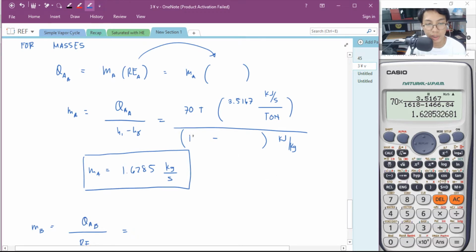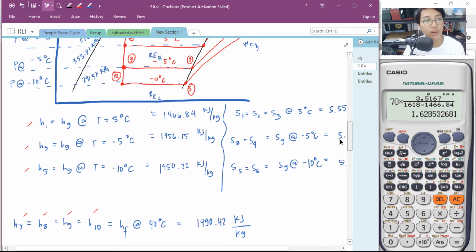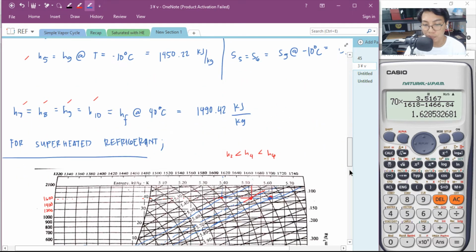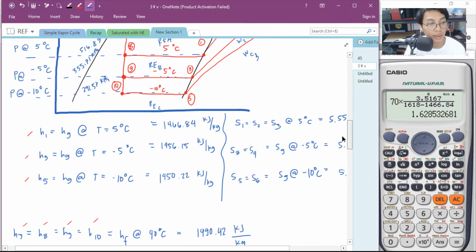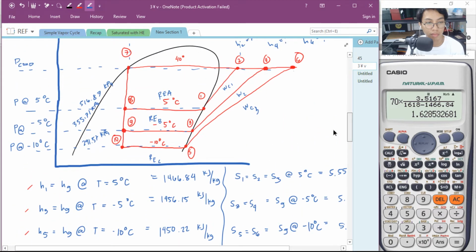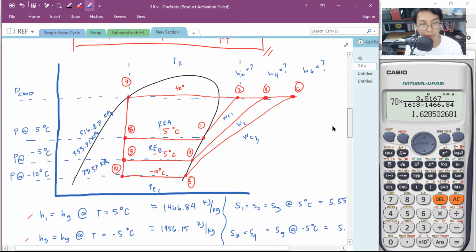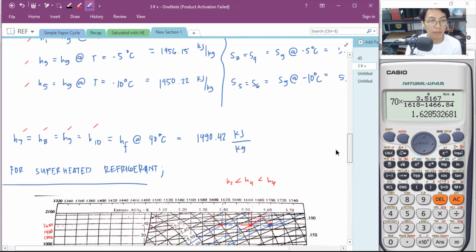So H1 is 1618. Hindi pala, 1466.84. Sorry, medyo nakikita ko kasi iba yung nasa graph. H1 minus H8. Yan common ano yan. Kaya be careful, kahit ako nagkakamali. H8, that is 1490 point... HF dapat, masyado malaki.